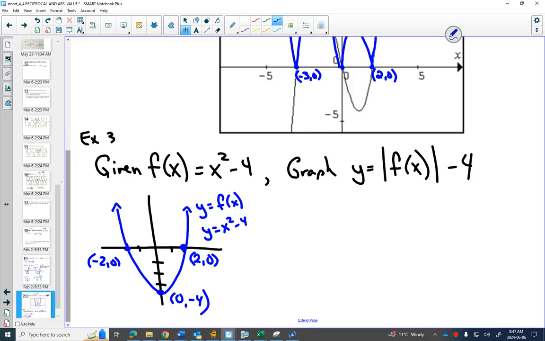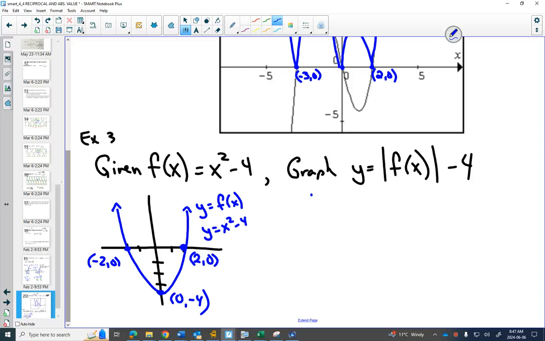Now what's interesting in this graph is we have the absolute value, but then you see that there's a -4 afterwards as well. Okay? So in this graph, we're going to do the absolute value, and whatever graph we get, what does a -4 afterwards do? It's another translation 4 units down. So I'm going to do this in 2 steps.